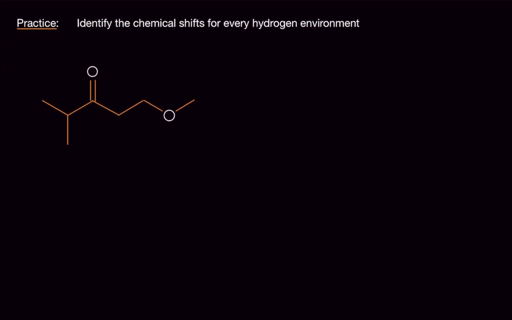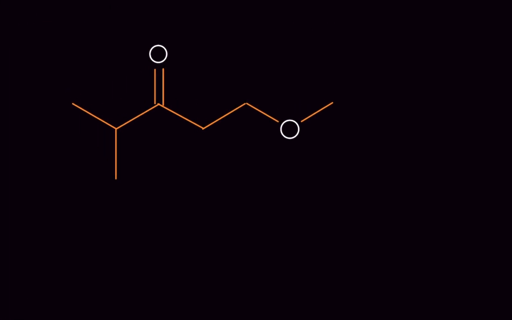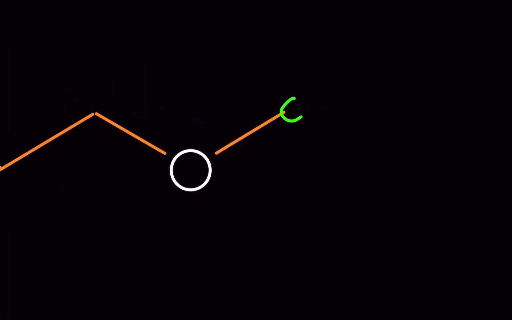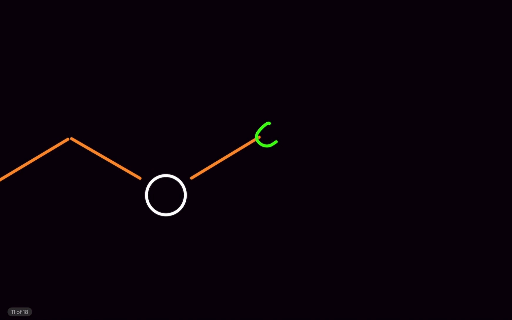Identify all the chemical shifts for every hydrogen environment. All right. So here's what you need to do. Write down all the hydrogens once again. This is going to be a theme for this video. This is why we draw in the carbons, by the way, because you need to know what the alpha carbon is and what the beta carbon is. Let me give you a really good example here, because a lot of people make this mistake on exams.